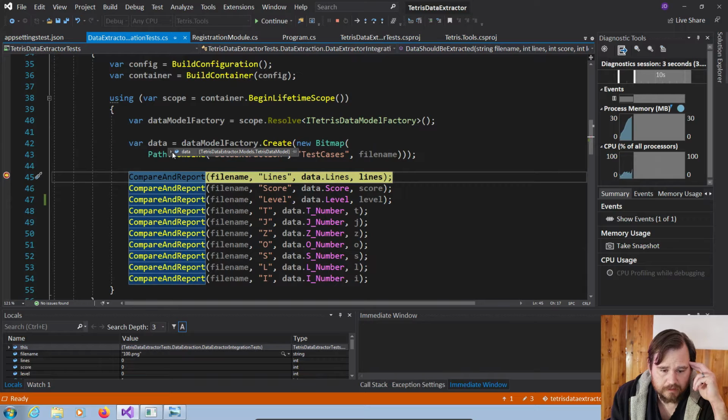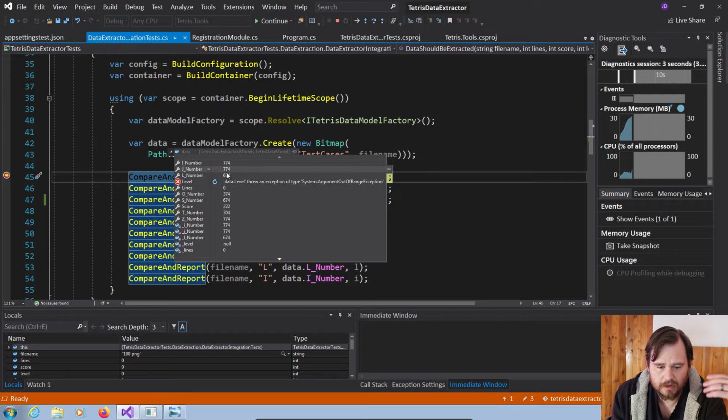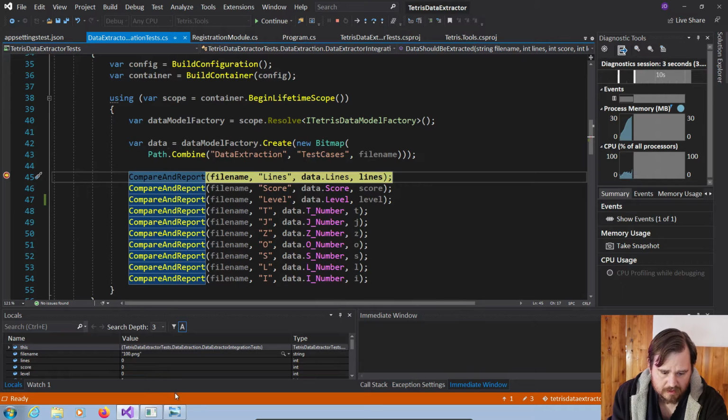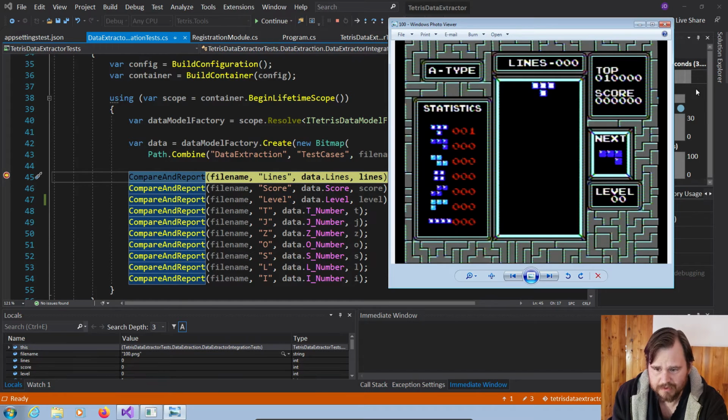Okay. It takes so long because it's got to load up and run the code just to display the number. So, okay, lines is fine. Level is kind of doing something funky. Let's look at score. Is score 222? Absolutely not. It's actually 0.